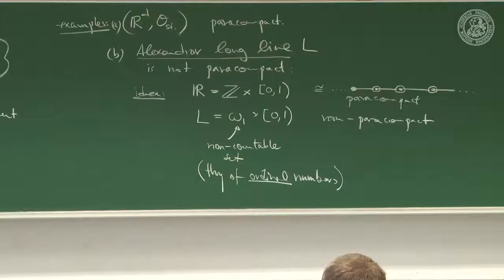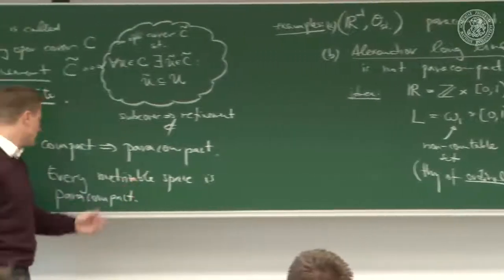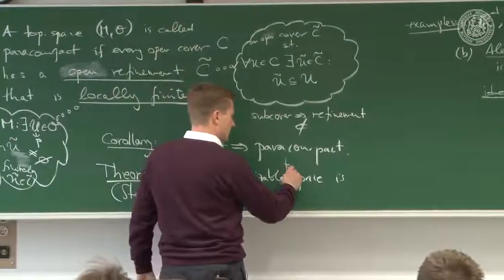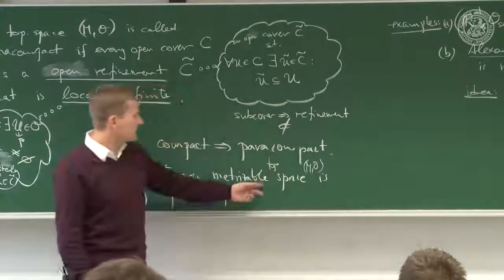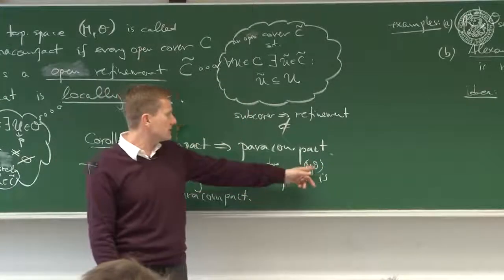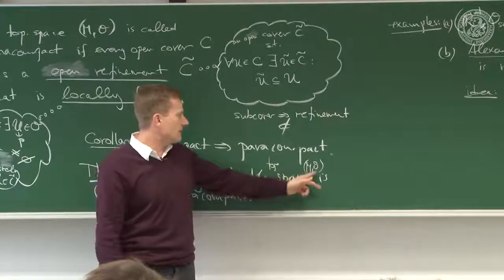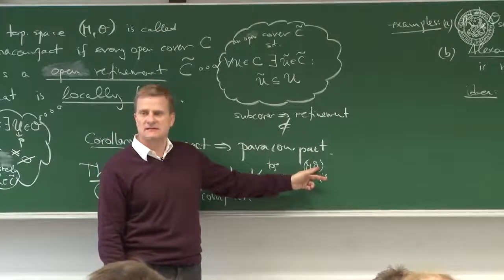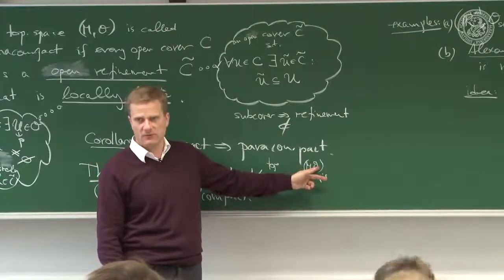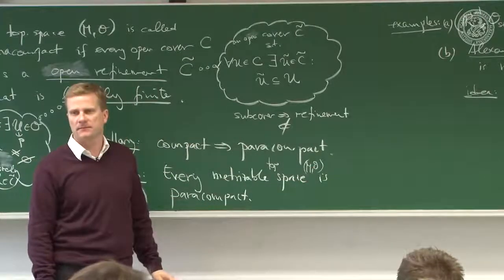Questions so far? Yeah? What is the definition of metrizable? Aha, a metric can be found. So every metrizable topological space is paracompact. A metric can be found such that the topology is induced by the metric. Or in other words, every topological space where the topology is the one, or equivalent to the one, induced by a metric is paracompact. Okay?